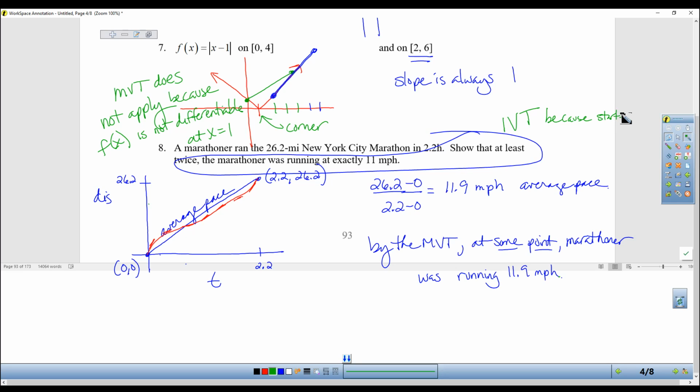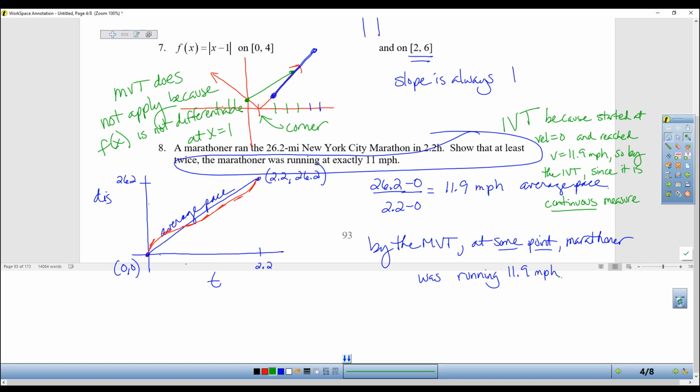they started at velocity, I guess we'll call it, equal to 0 and reached velocity equal to 11.9 miles per hour. So by the intermediate value theorem, since it is a continuous measure, right?